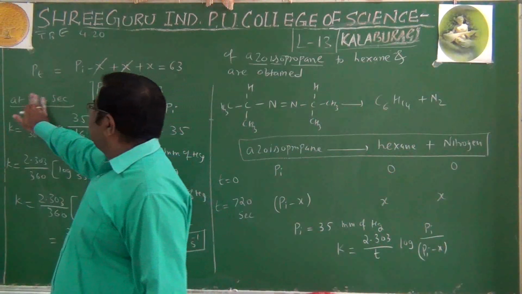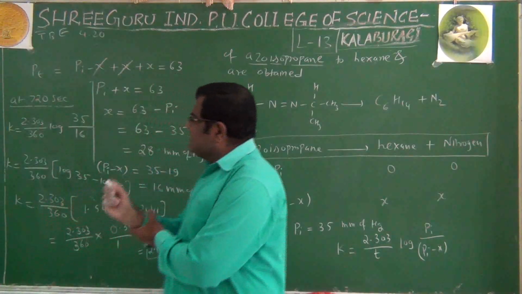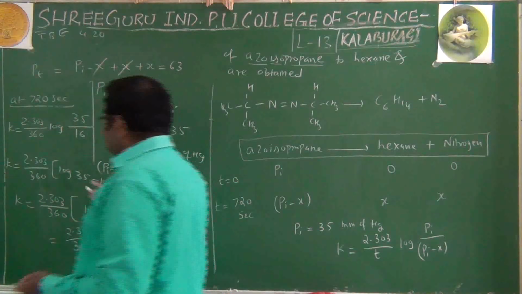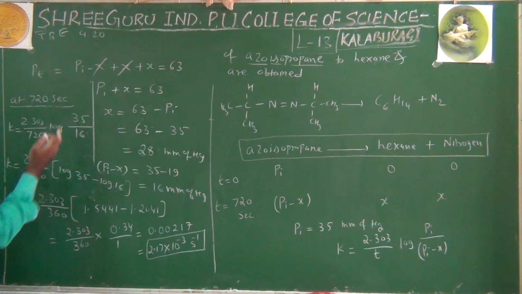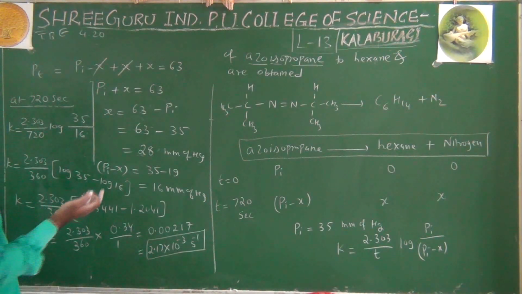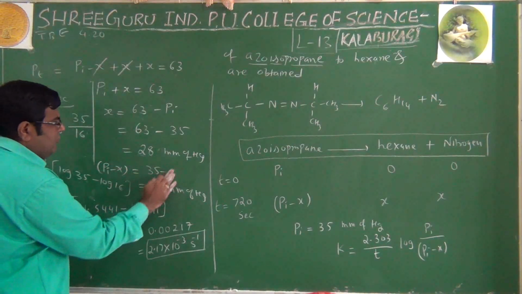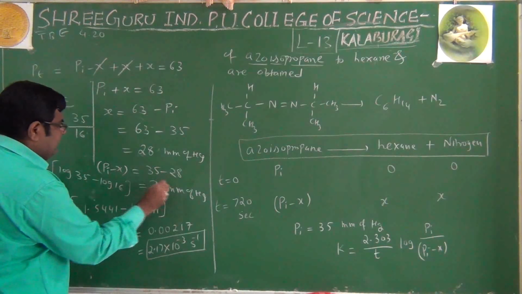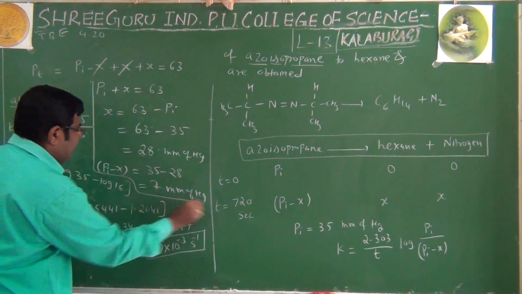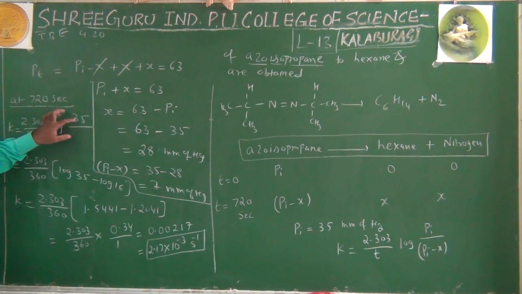Now at 720 seconds, k is 2.303 and this time is 720 seconds. The initial pressure, there is no need to change that, but Pi minus x, we have x as 28, so 35 minus 28, I write here as 7. This one part we have completed. And for 720 seconds, Pi is 35.